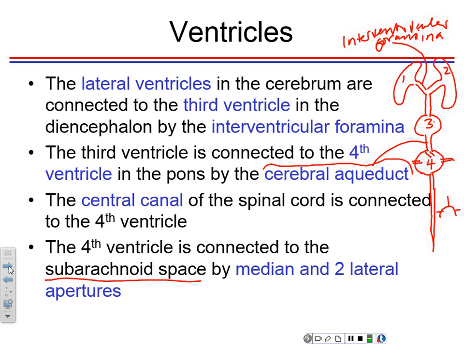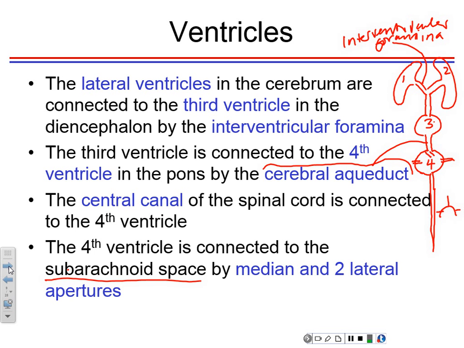Well, the third ventricle wraps around the middle part of that yo-yo, the middle part of the thalamus. Then the third ventricle is connected to the fourth ventricle by the cerebral aqueduct. And it is this fourth ventricle that has those three apertures that go to the subarachnoid space.